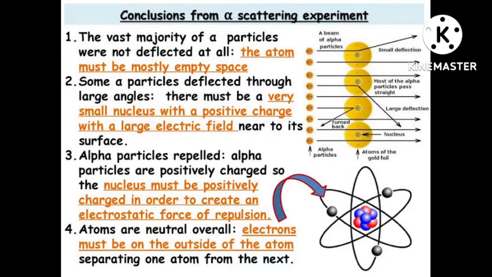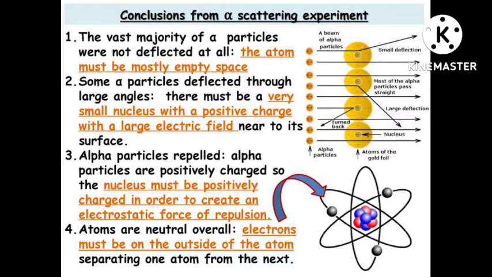So the zinc sulfide screen helps to detect the flash of light. Rutherford knew that alpha particles had enough energy to pass through the gold foil atom. He did that experiment, and based on it, he found some results.